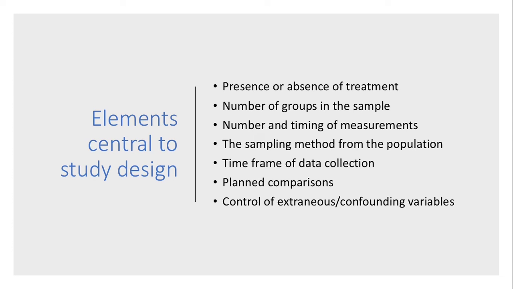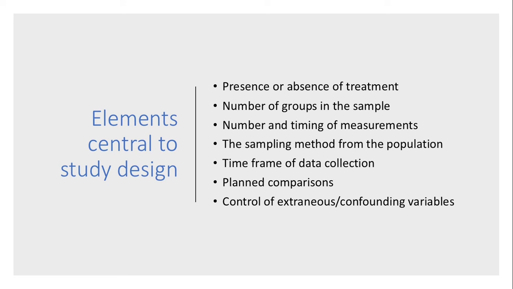Some elements that are central to a study design: one is the presence or absence of a treatment, and this is most common in experimental designs. How many groups there may be in a sample, the number and timing of the measurements. Maybe you're only taking a single measurement in time, or maybe it's a longitudinal study where you're taking multiple measurements over weeks, days, or years.